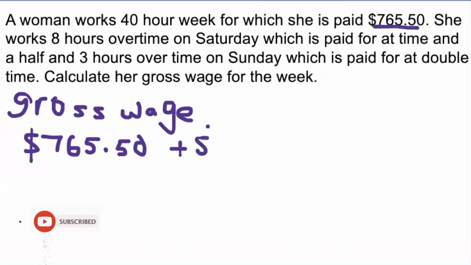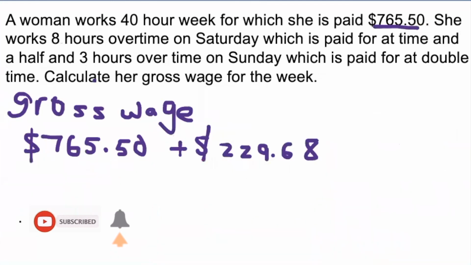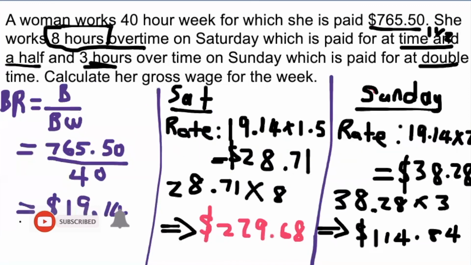And on Sunday, $114.84. So we have to find the total for these, adding the Sunday, Saturday, and weekly wage.